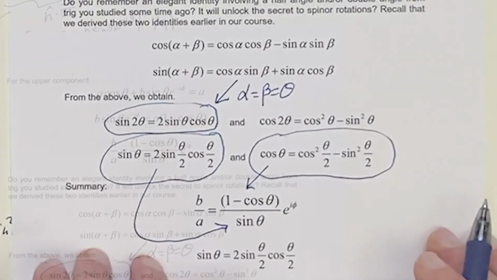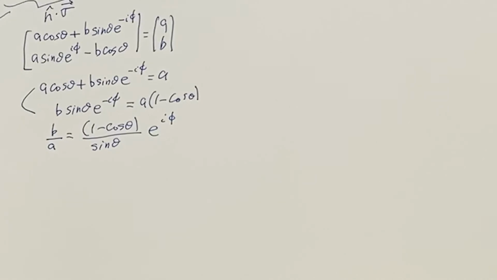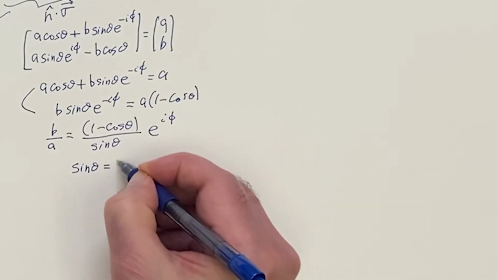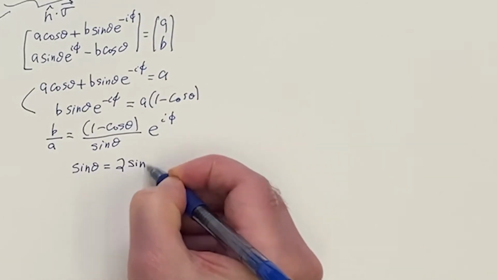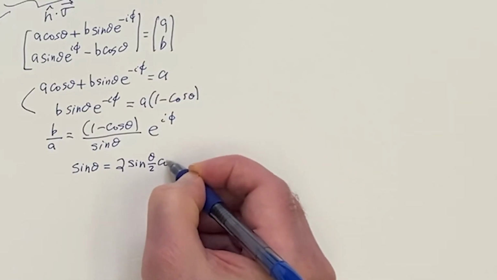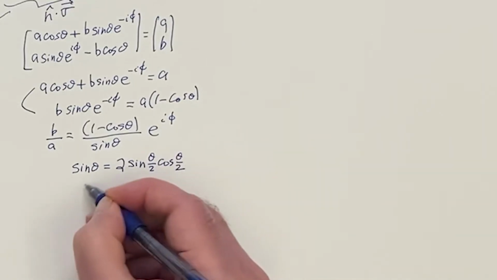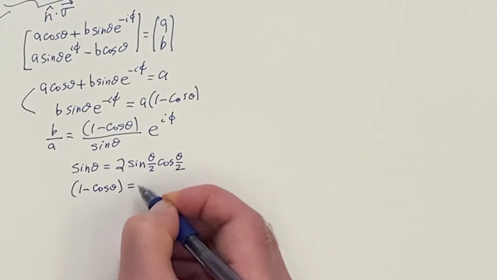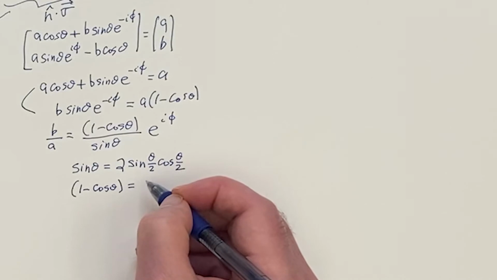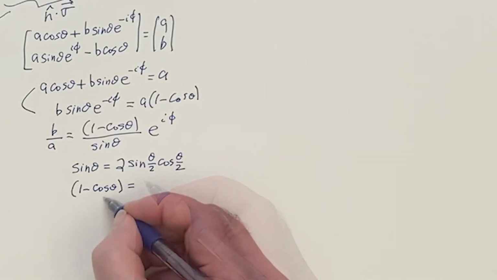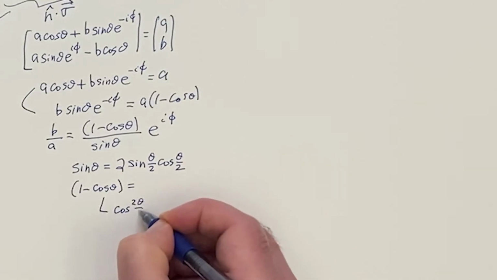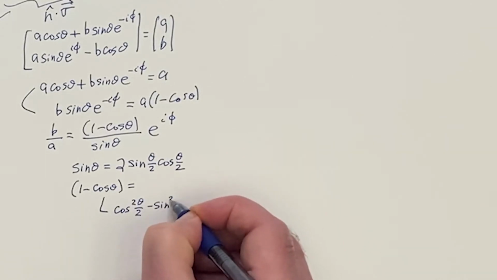Okay, so if we do that, we're looking at these identities, which are derived in the book for you, so we really don't have to look them up. We're looking at this one, and this one, where this one here is the cosine squared theta over 2 minus the sine squared theta over 2.